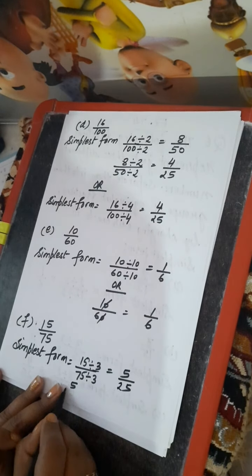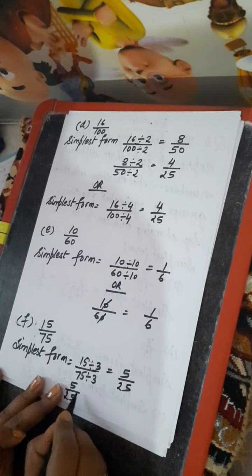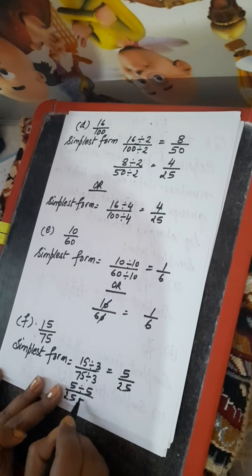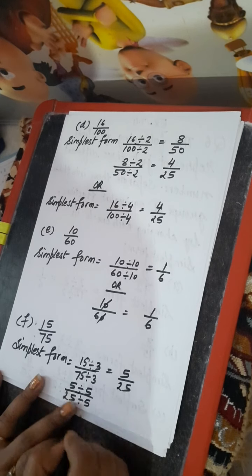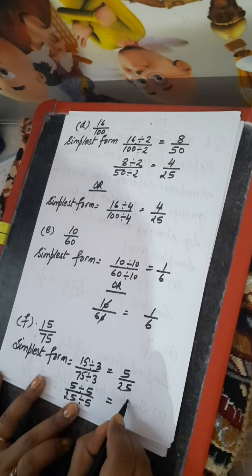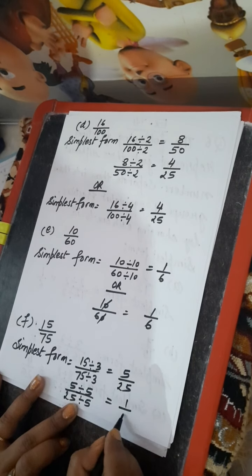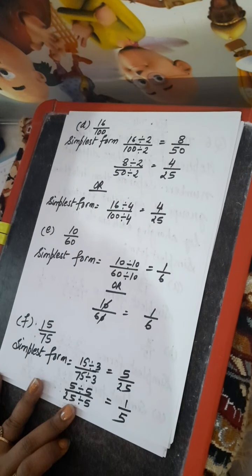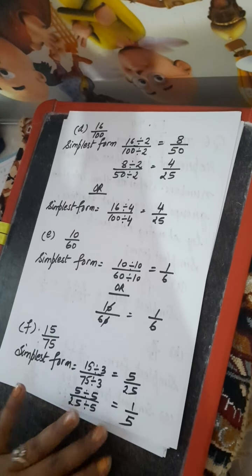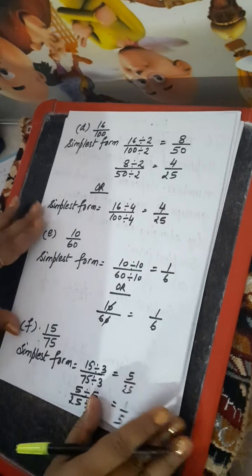So next, as both are divisible by 5, I will write 5 divided by 5, 25 divided by 5. Here I will get 1. 25 divided by 5, I will get 5. So here my simplest form is 1 upon 5.